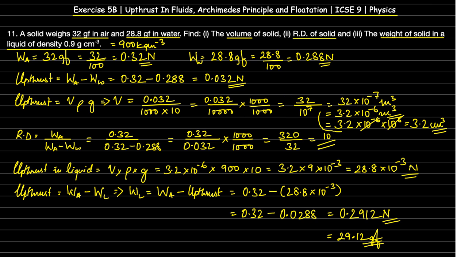Getting to the next question, which is a very easy question. A body weighs 20 gram force in air and 18 gram force in water. Calculate the relative density of the material of the body.